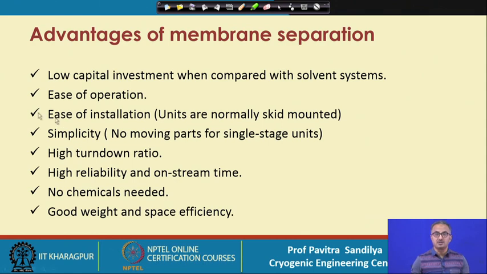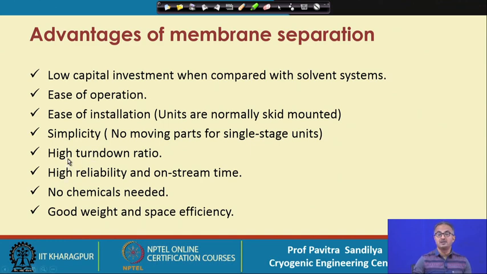The advantages of membrane separation are that they have low capital investment when we compare with the solvent systems for acid gas removal. Then they are easy to operate, and their installation is easy because they come in small modules, and they have simplicity of construction, especially because they do not involve any moving part.